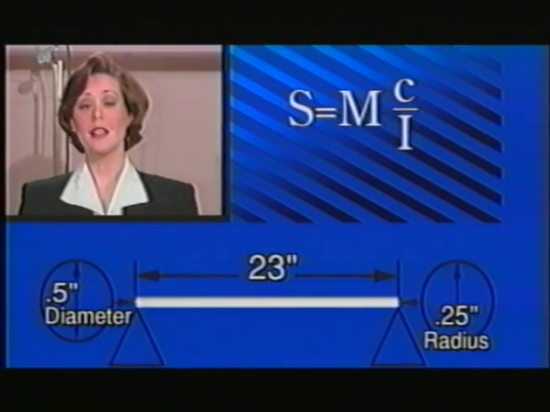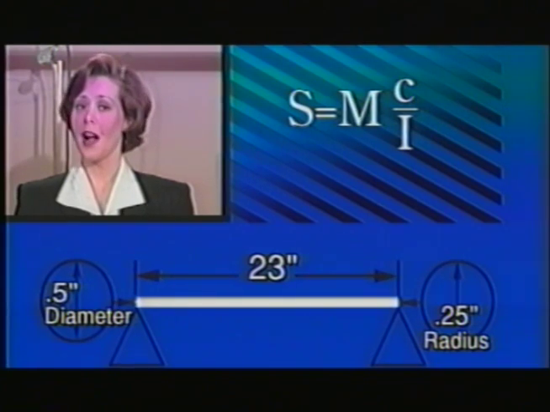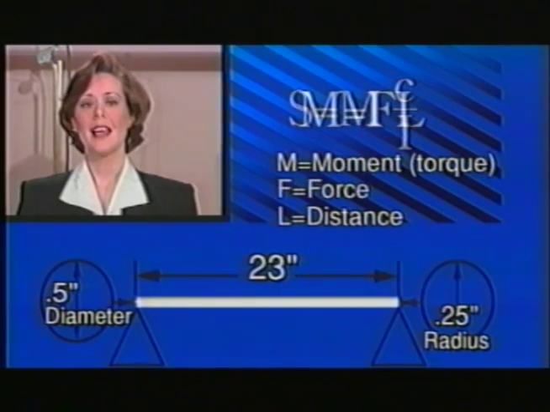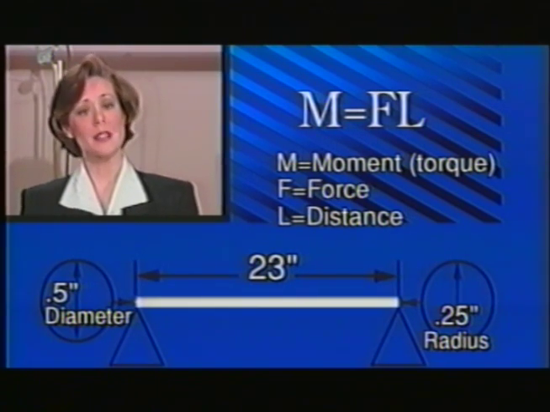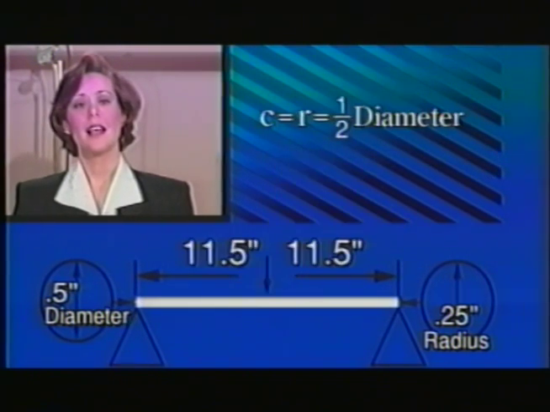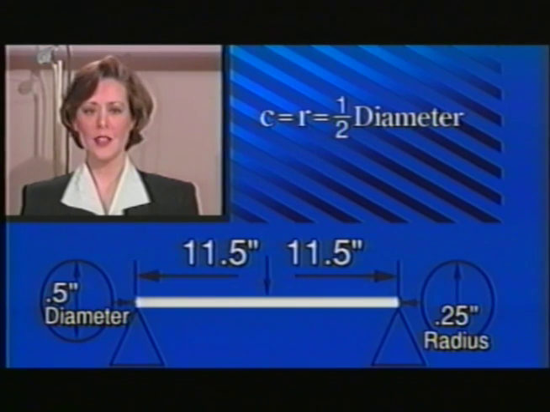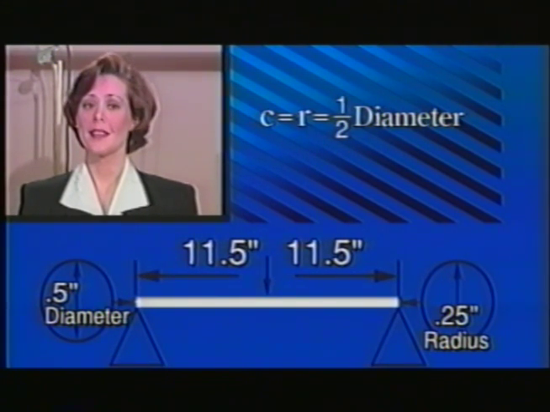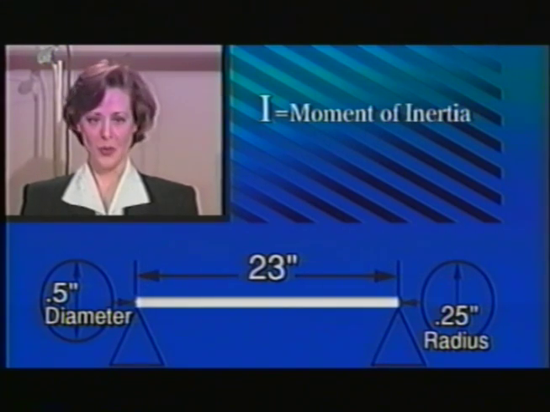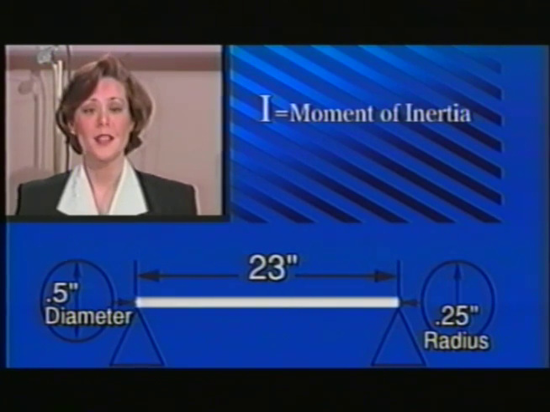The stress is equal to Mc over I. M equals the torque applied, which is force times distance. C equals the distance from the center of the bar to the outer radius. And I equals the moment of inertia.